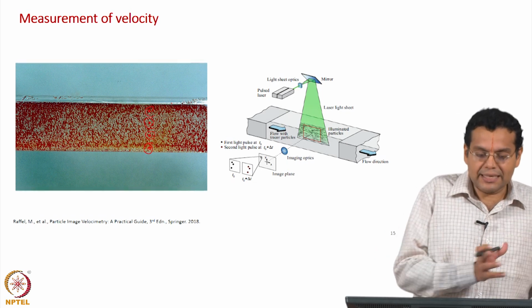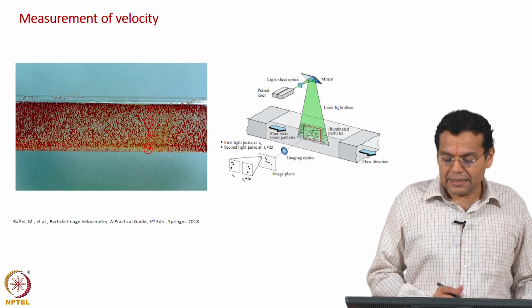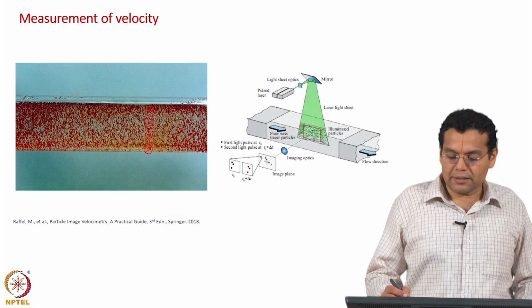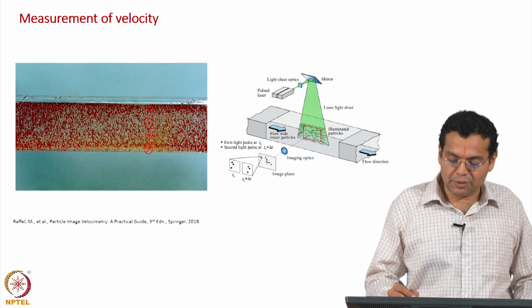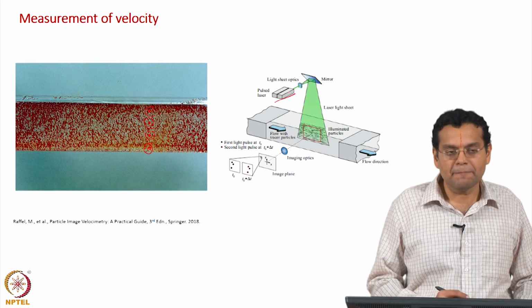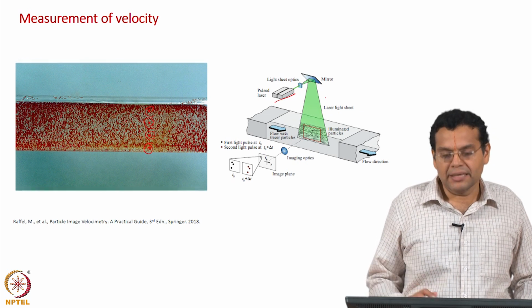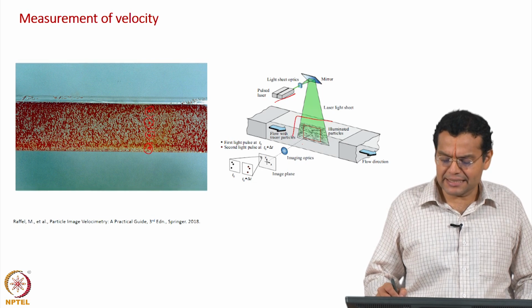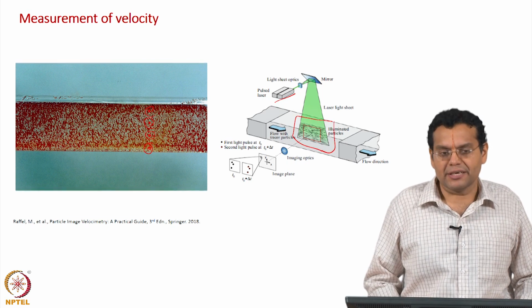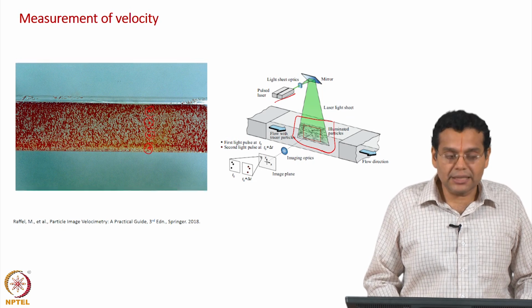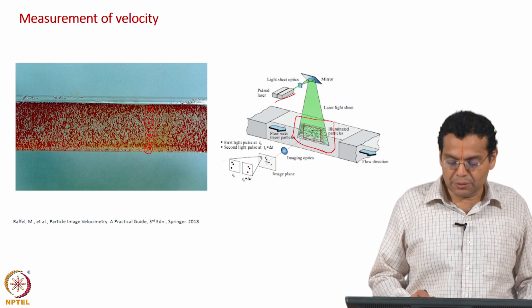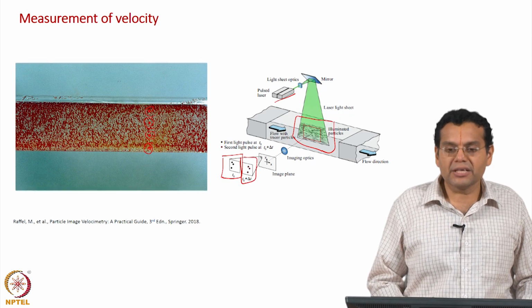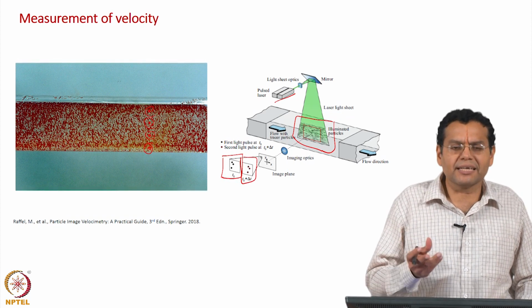So, we add them to the flow, and then we pass a laser sheet on that. That is what is shown here. You have a source of laser, and using some laser optics, you pass a laser light sheet on the region of interest, and then using a high speed camera, you take two successive images at very short time intervals, just like taking a snapshot.